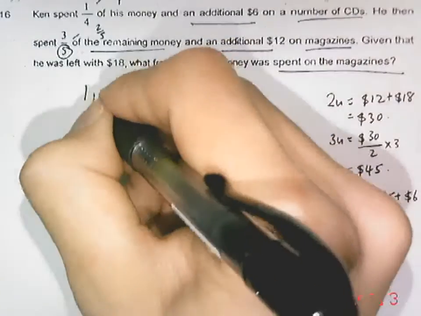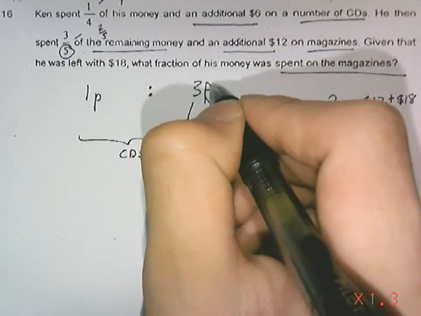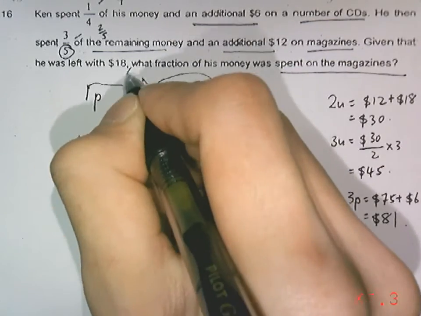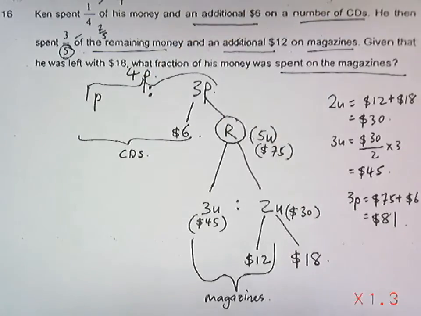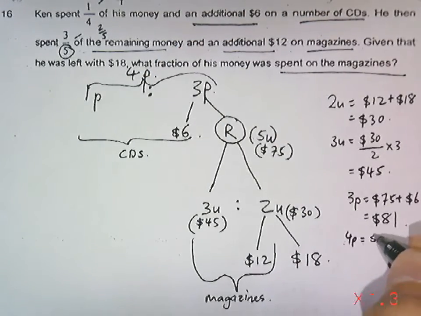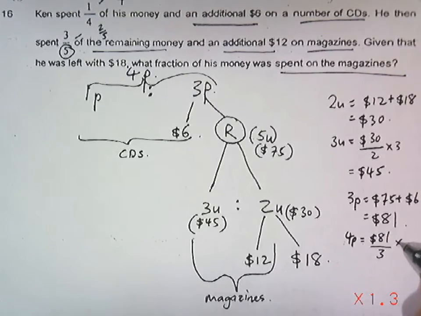So this will be the one part because 1:3. I'm going to save time, just straight away find 4 parts, and that will be the total amount of money that Ken had at first. So 4 parts, just divide by 3 first, because $81 is 3 parts, times 4. That gives me $108.